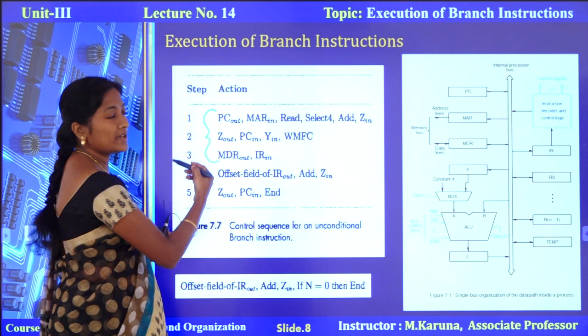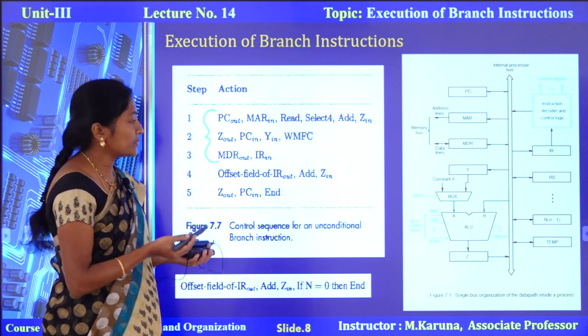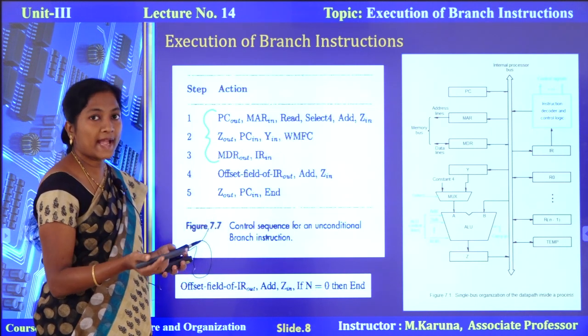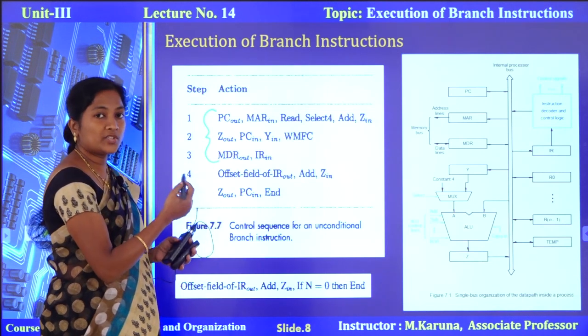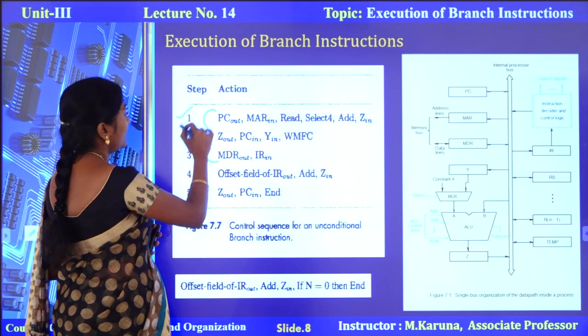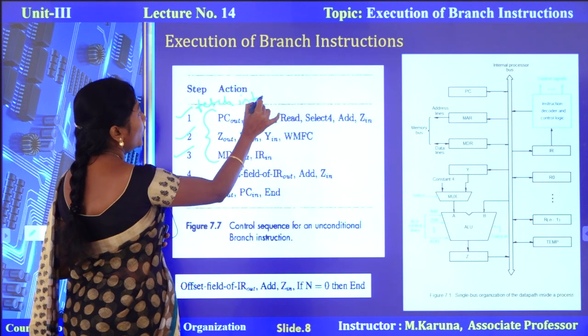The first 3 steps are the same for all programs. A program may be a list of instructions in sequence, or it may have a branch instruction. Anyway, the processor first needs to fetch the instruction. To fetch the instruction, these steps 1, 2, 3 are required: fetching the instruction code.